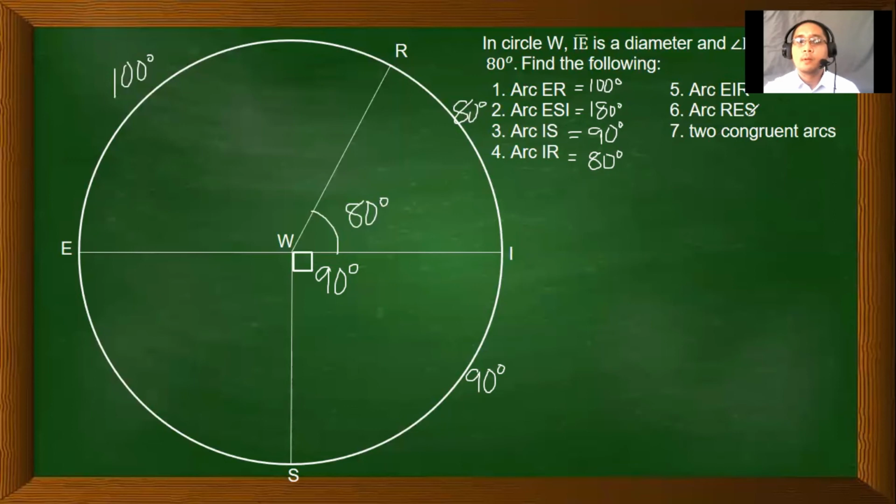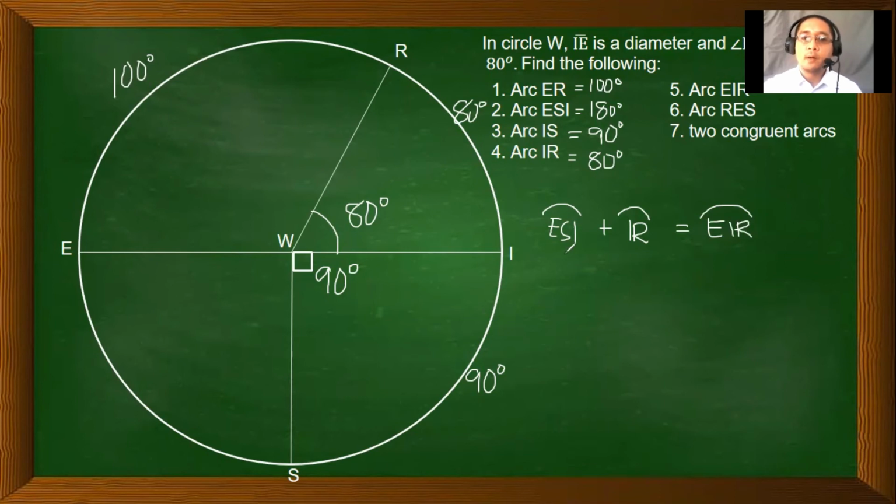Now, how about the measurement of arc EIR? All we need to do is add all the arcs. So we have arc ESI plus arc IR is equivalent to arc EIR.